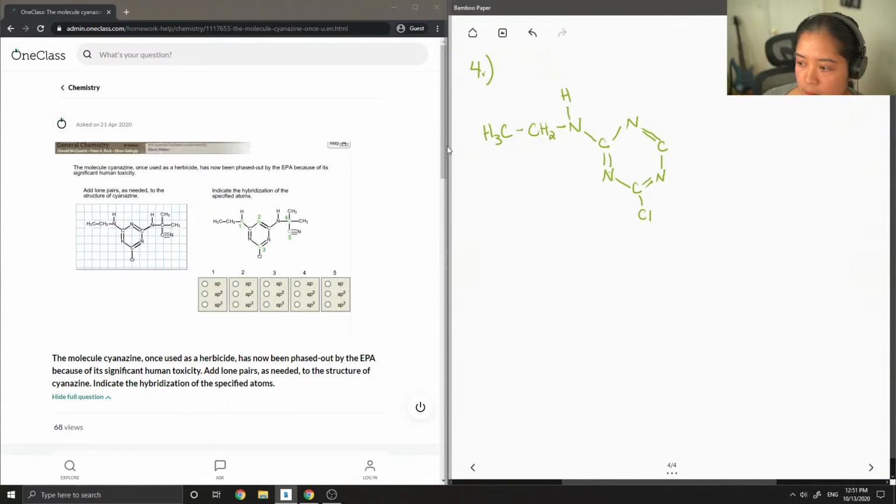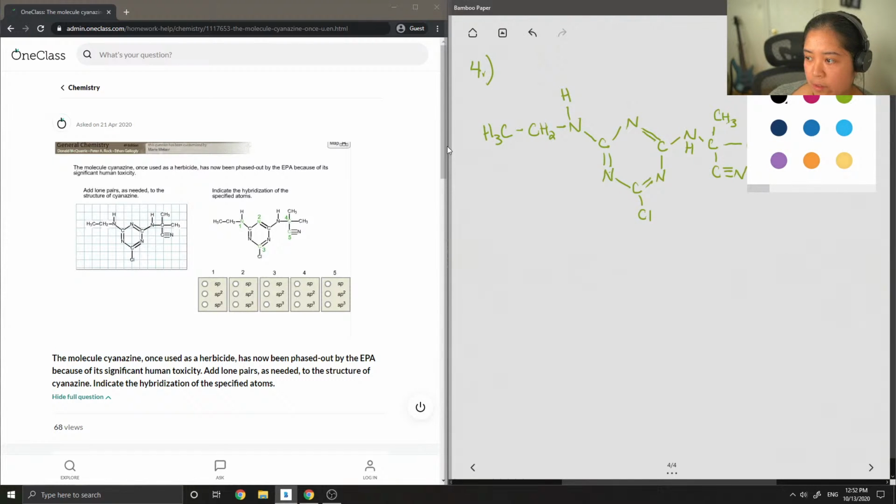Chlorine. So this is the full structure of cyanazine.